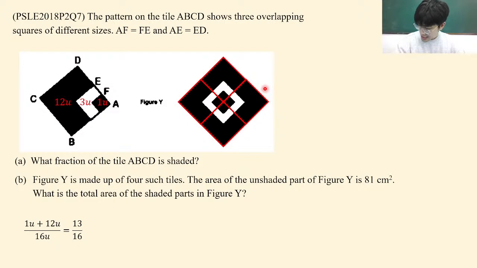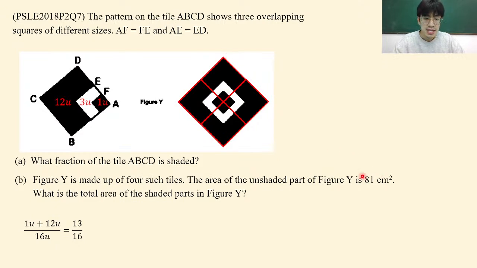Yep, very good. I can see some answers in the chat. So this is 3 units out of the 16 units. This is also 3 units out of the 16 units, and so on for each tile. Since all 4 tiles are identical, this blank space actually constitutes 3 units of this entire figure Y, and the total area of figure Y can be treated as having 16 units.